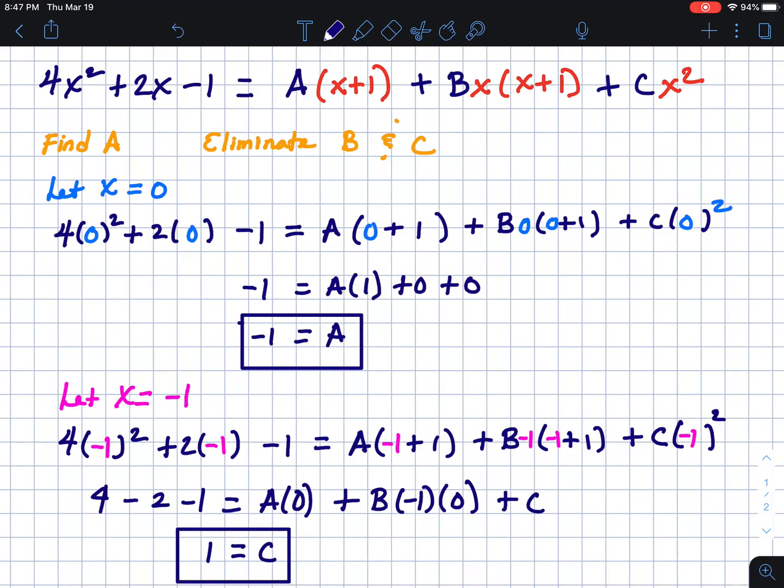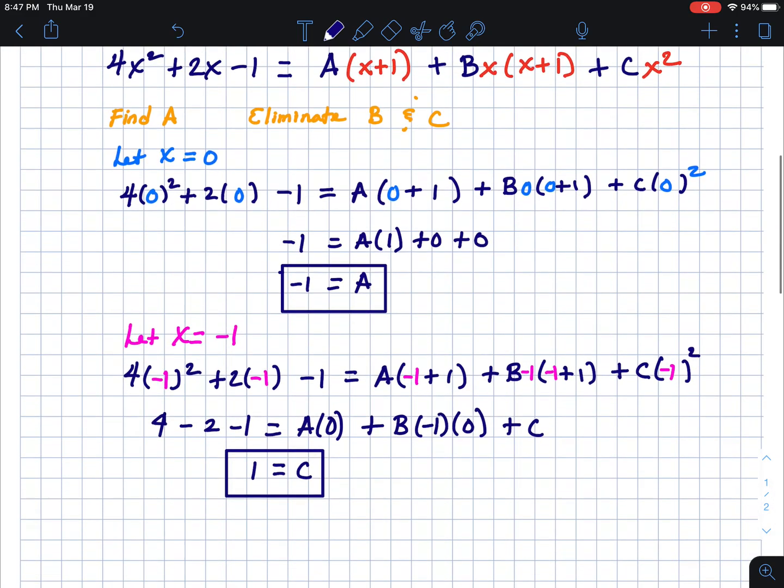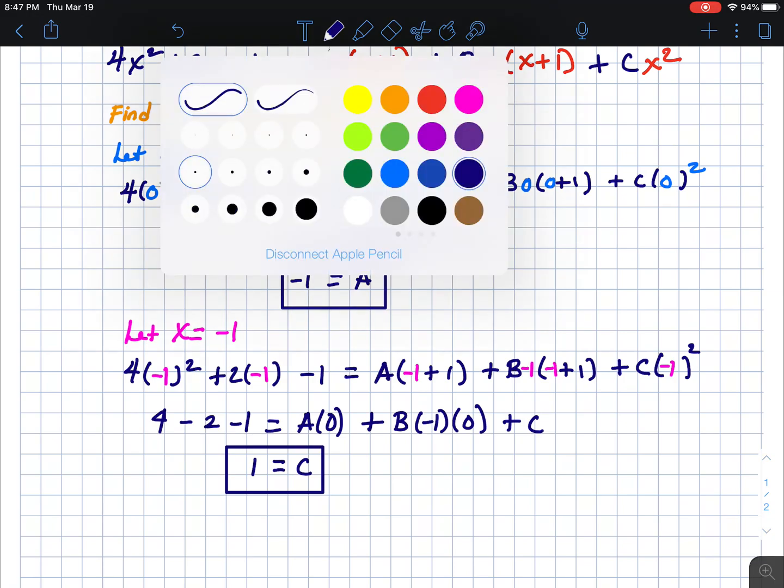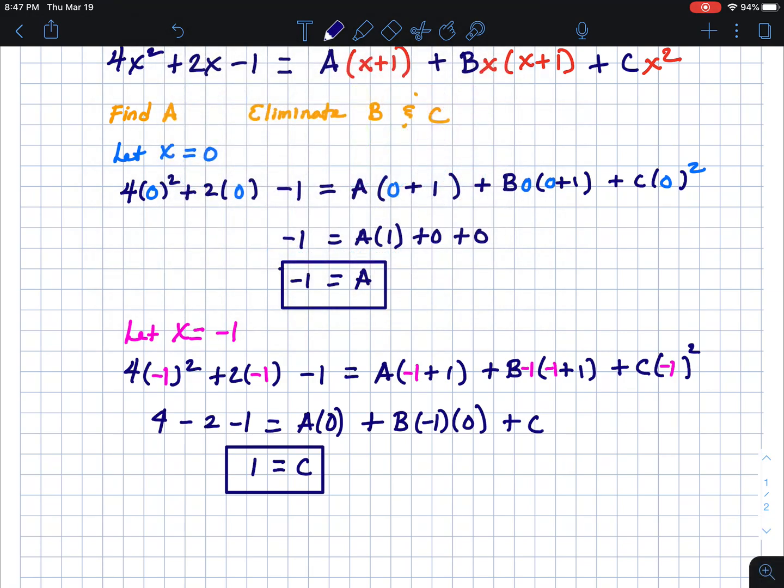I'm going to rewrite this on the bottom underneath because I need to be able to see it, and I don't want to keep flipping up and down, because that will make it harder on your eyes and your brain. So we've got 4x squared plus 2x minus 1 equals a times x plus 1, plus bx times x plus 1, plus cx squared.